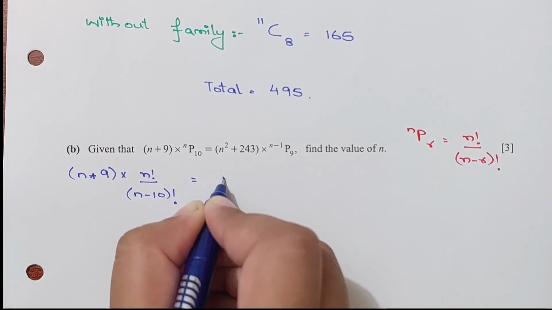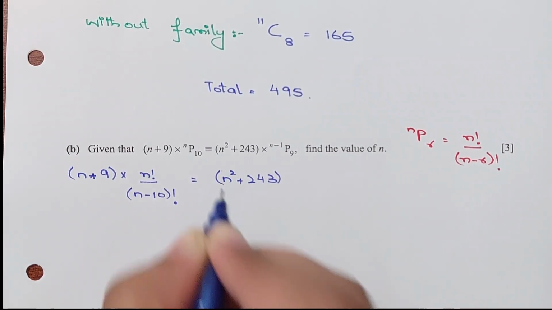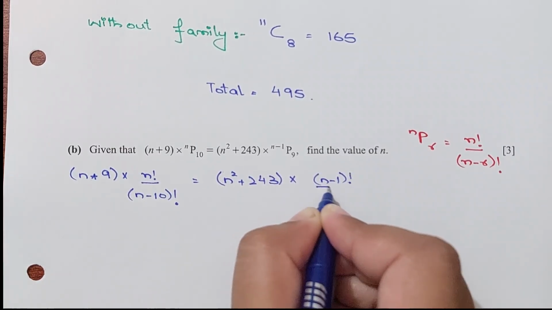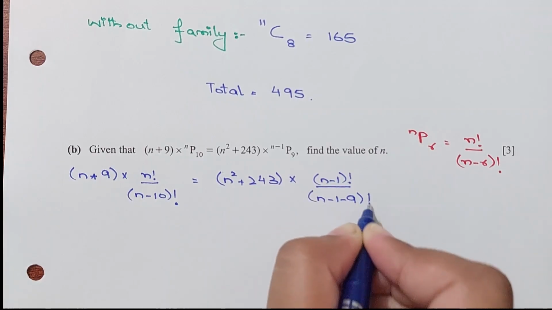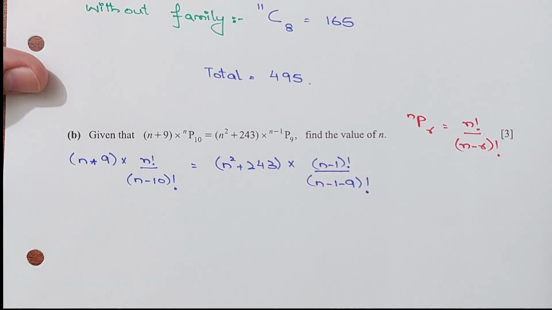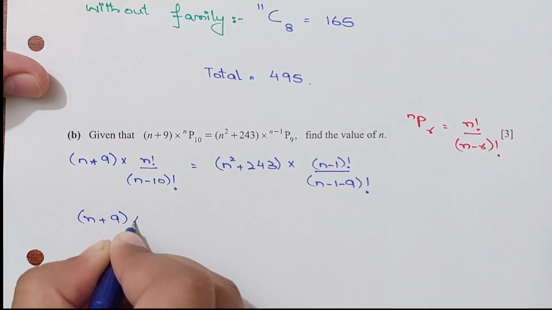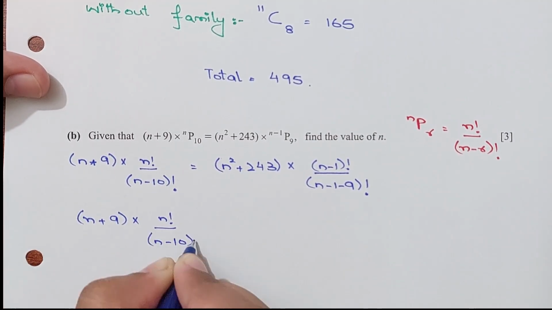This would be equal to n square plus 243 into n minus 1 factorial over n minus 1 minus 9 factorial.